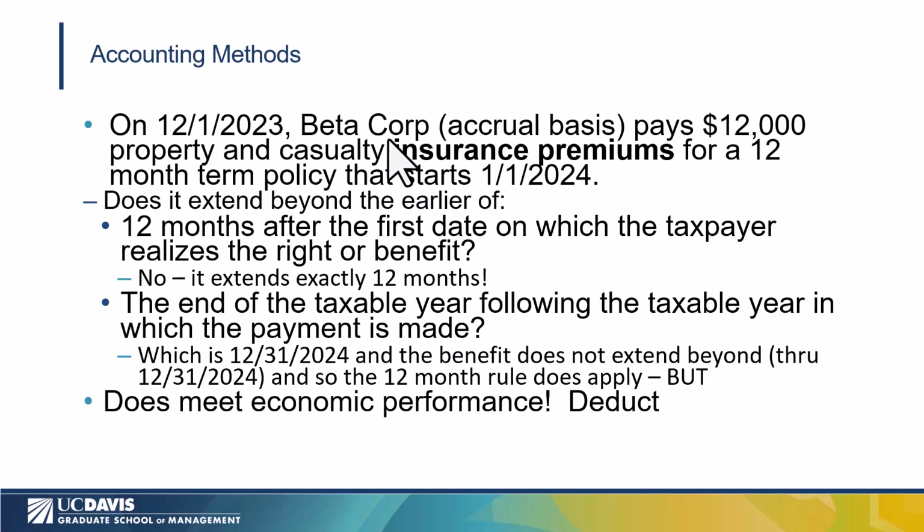Right? Because the risk of catastrophe is the same on the first day as it is on the last day. And so as a result, economic performance occurs more or less fully on the first day. So as a result, we can apply the 12-month rule, and we can go ahead, even as an accrual-based taxpayer, and deduct the entire $12,000 cost for these insurance premiums. Okay, I know that's quirky, isn't it? I told you accounting methods is tough.